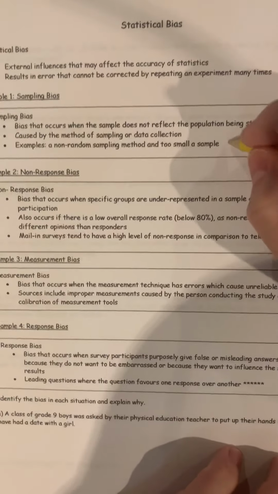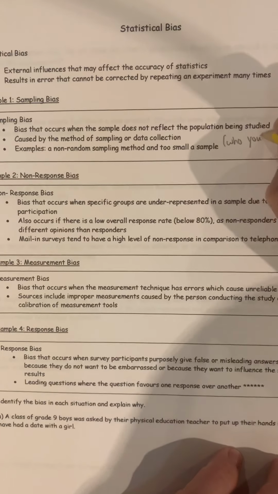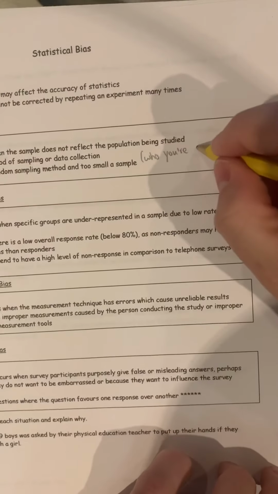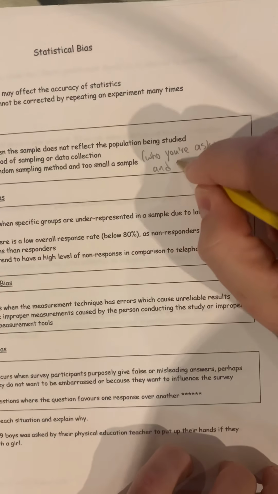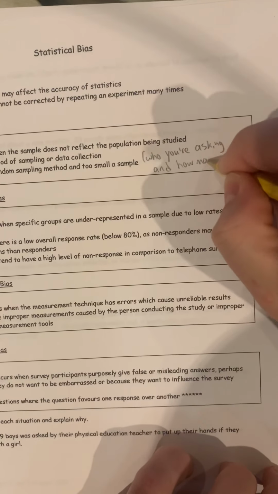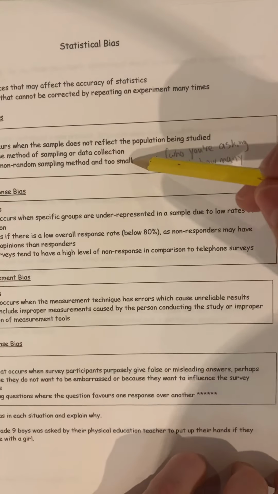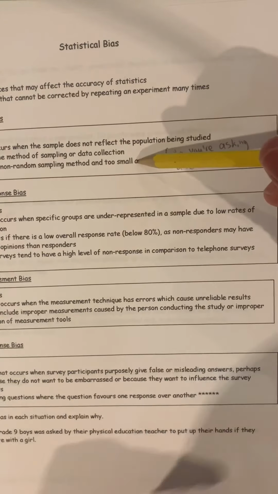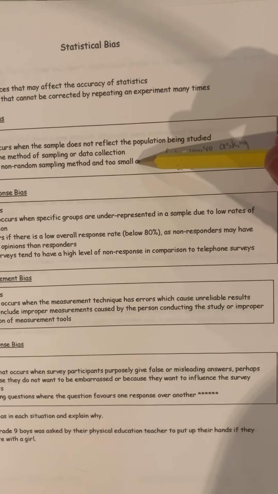So in this case, it's who you're asking, and how many people. We say it's too small a sample. If you only ask like 10 people their opinion, that would be considered a small sample.